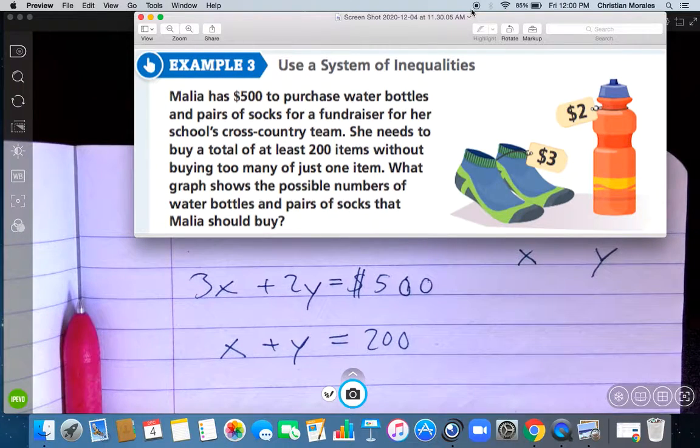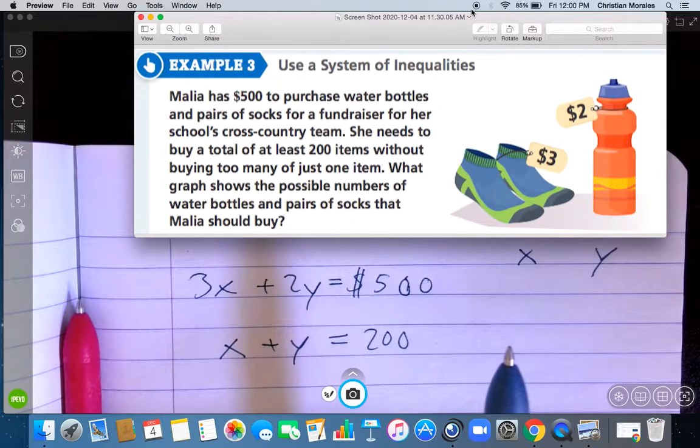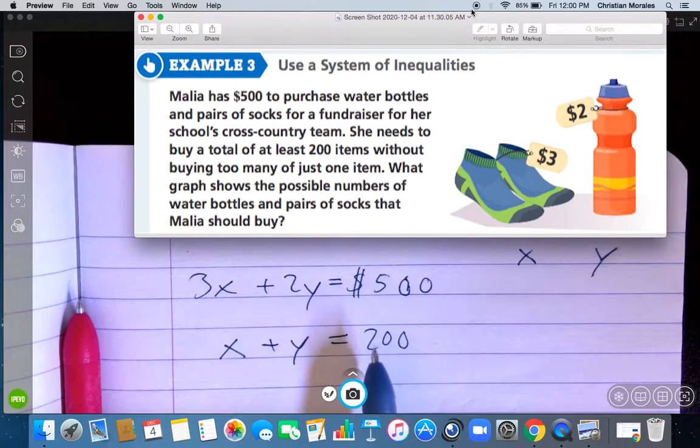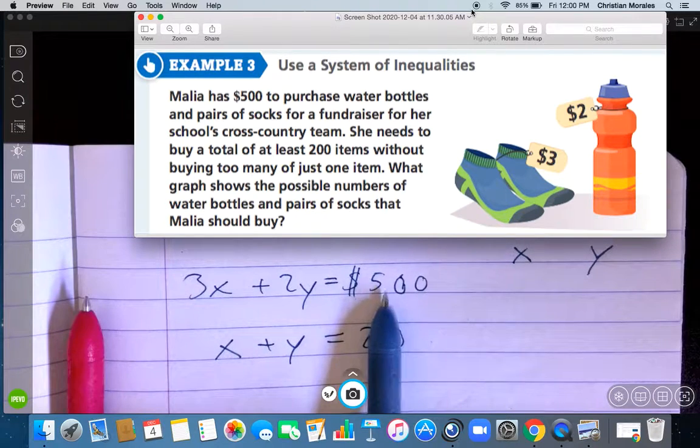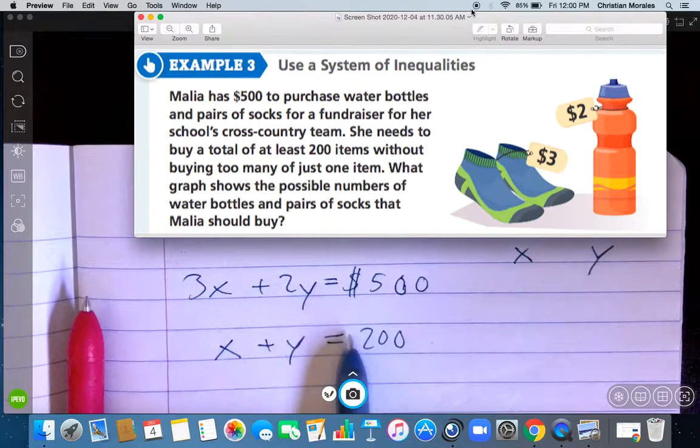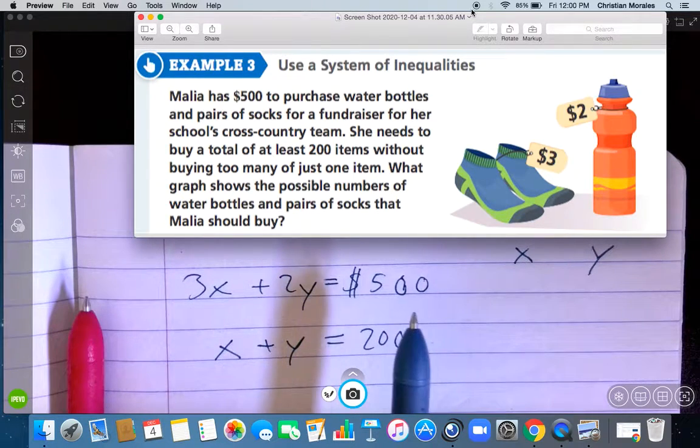Well, the problem is we're using inequalities, okay? So we have to get the idea behind the goal and the amount of items as inequalities, okay? So a little bit of logic here. If you're going to buy this many items, this is the amount you want to buy. You need to look at the way it's phrased.